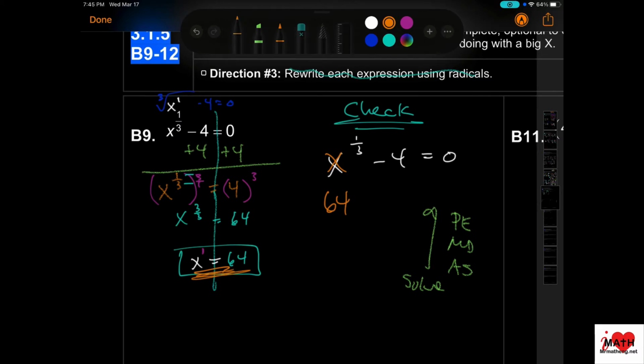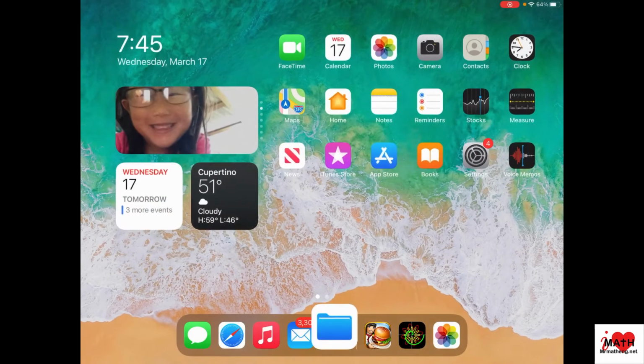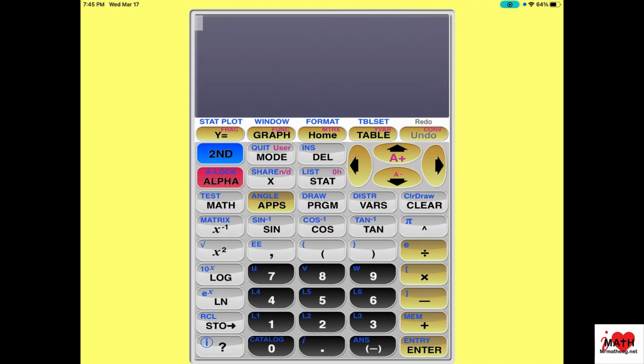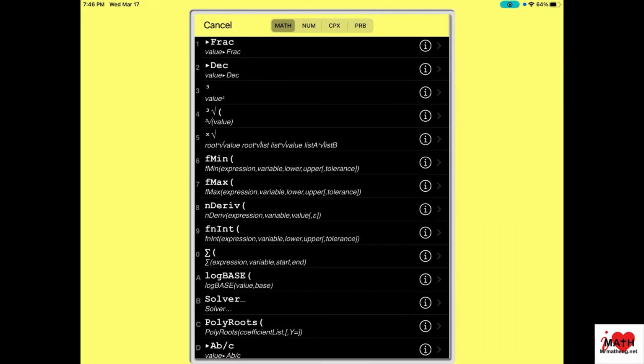Remember, the 1/3 power is the same thing as 1 to the 1 over 1/3 power right there. Minus 4 equals 0. Okay, what are 3 identical numbers that equal 64? So again, if you don't know, go to your calculator. Mine is under math on the left side, and then number 3. So if you have a bigger one, you do number 5, but number 3.